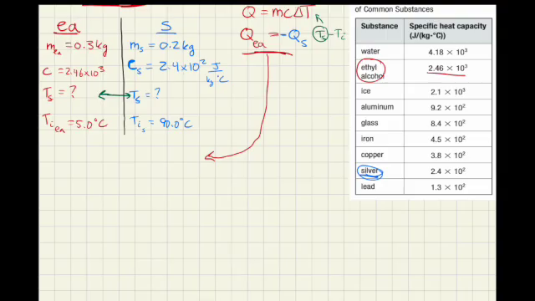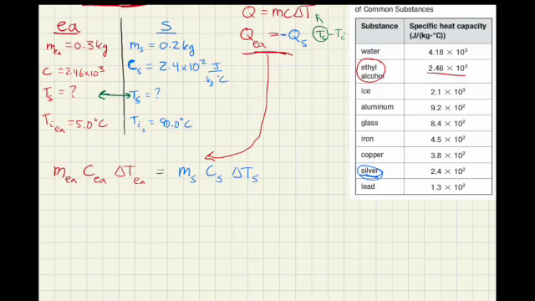That means that if we sub in what the other variables are in our formulas, you're going to get the mass of ethyl alcohol multiplied by the heat capacity of that, multiplied by delta T of EA, is going to equal the mass of the silver times the C of silver times delta T of silver.